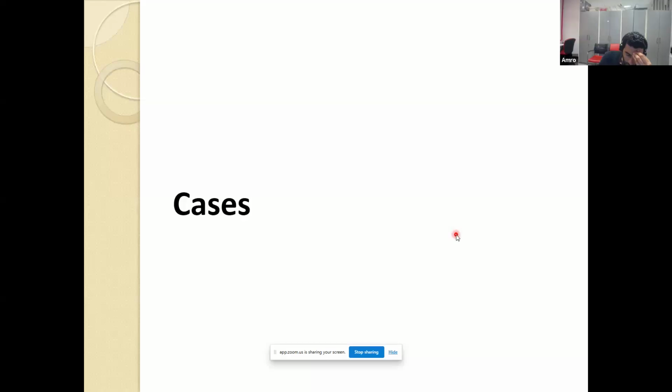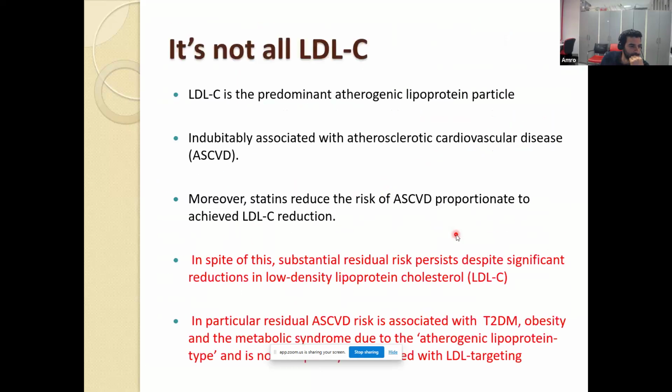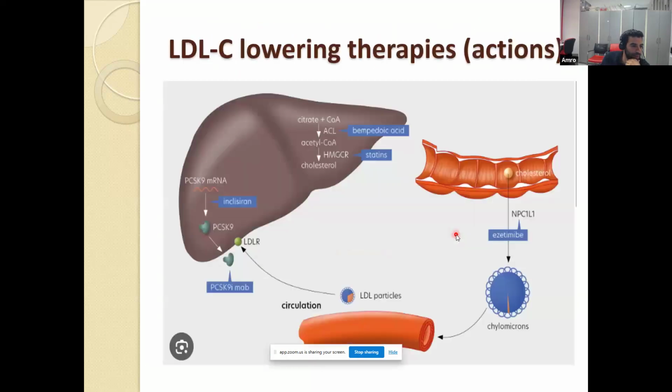So uric acid, I think you mean bempedoic acid. Bempedoic acid is a drug which reduces cholesterol synthesis in the liver.